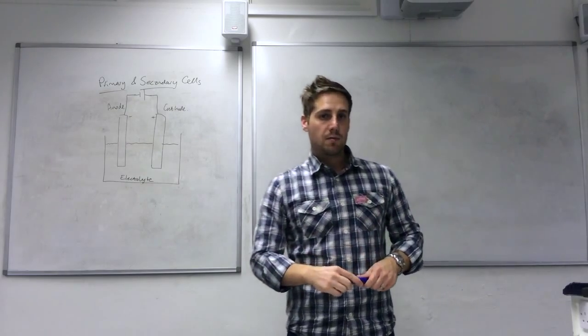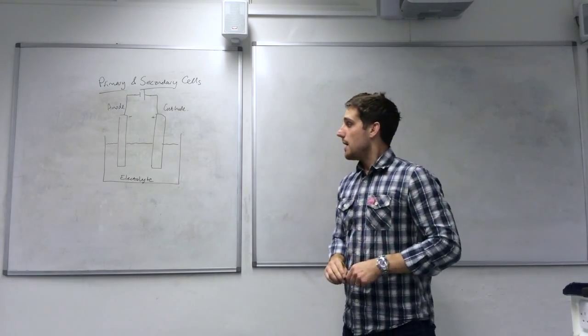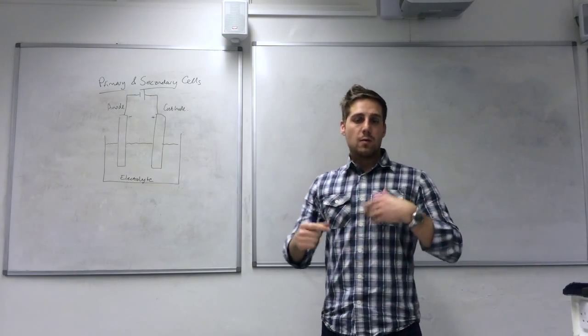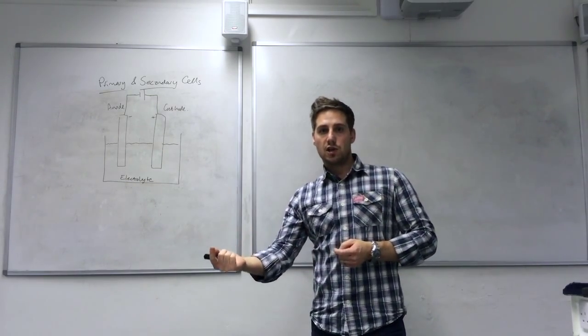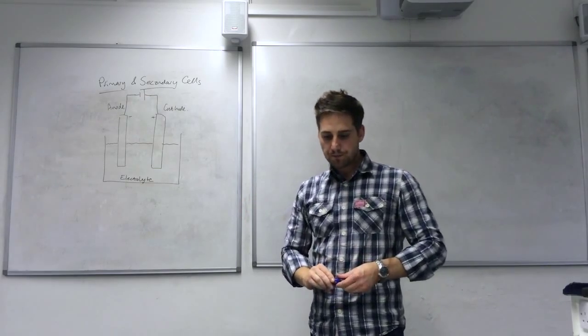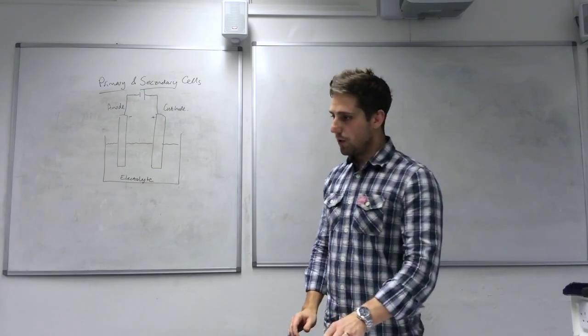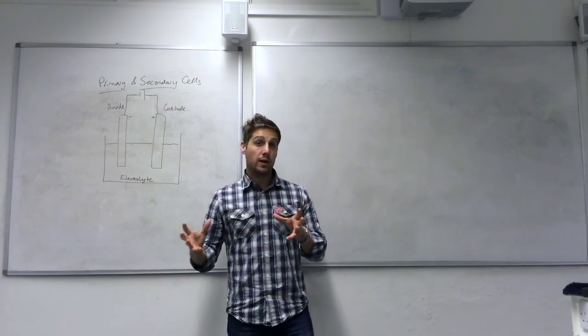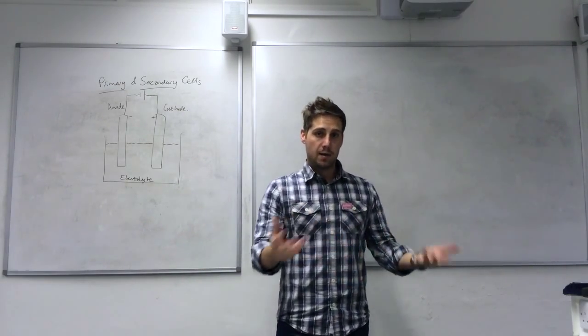And secondary cells can be used many, many times, and each type of cell has its own number of cycles. One cycle is a discharge and recharge cycle. So that's the point. In each case, both primary cells and secondary cells are storing energy for you to use in a particular case.